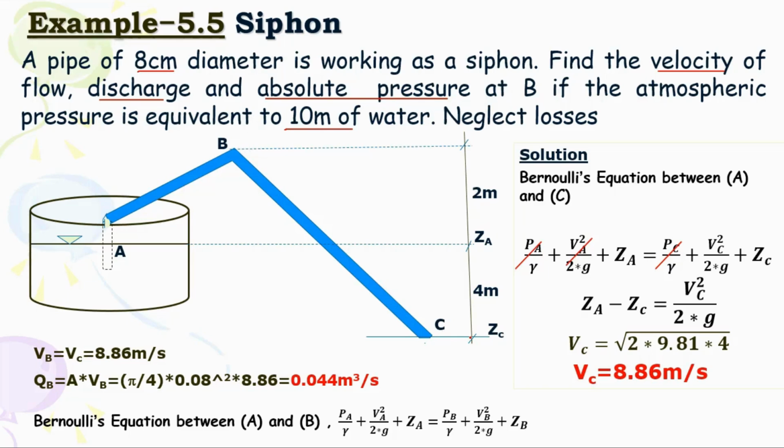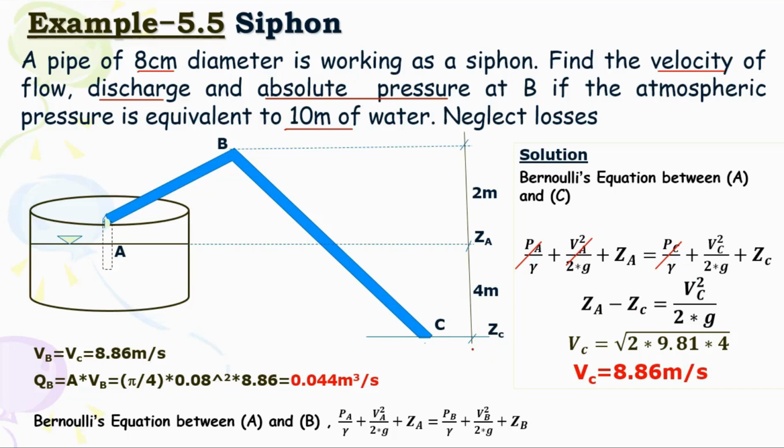So according to Bernoulli equation between A and C, you have pressure head at A, velocity head at A, then potential head at A. You will consider datum above some reference point. So the same, pressure at C divided by gamma, velocity head, then potential head. So take out elevation difference, ZA minus ZC.